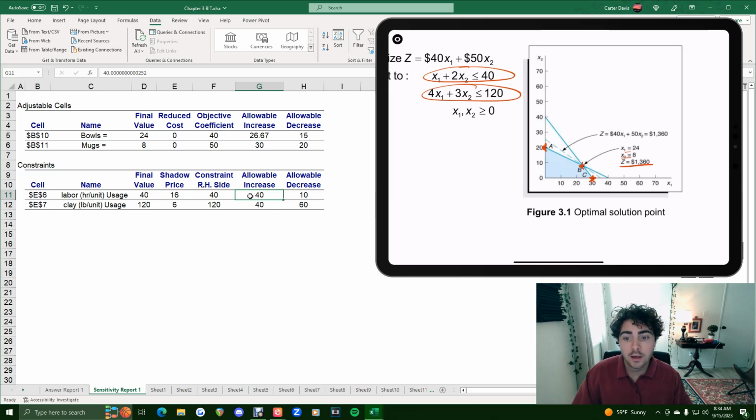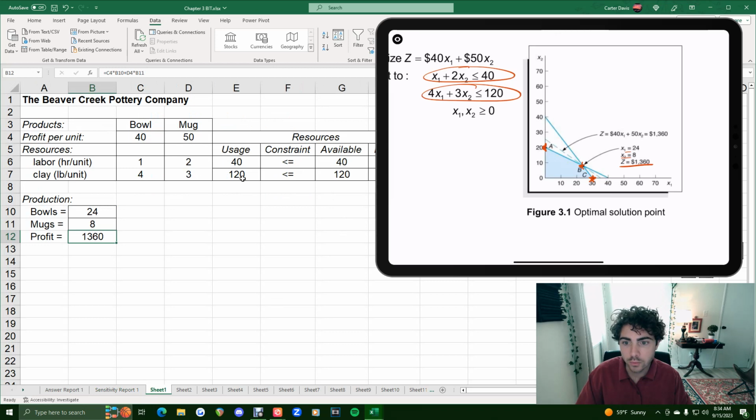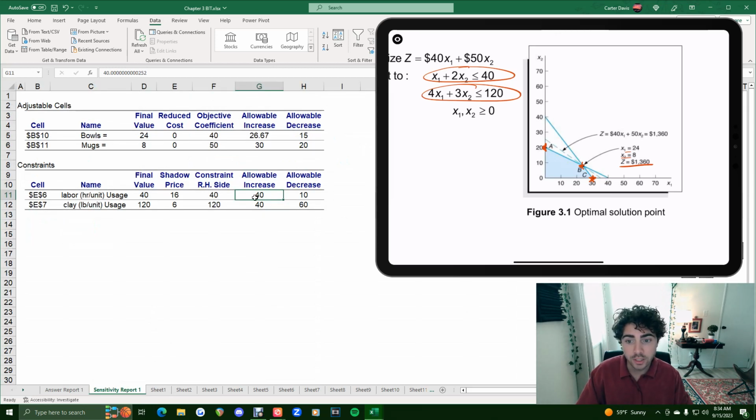But it only works up to 40. They started with 40 hours originally, so the allowable increase is 40 more hours, and you will increase your profit by 16 per hour. If you increase by all 40 hours, you would get 16 times 40 more dollars of profit.